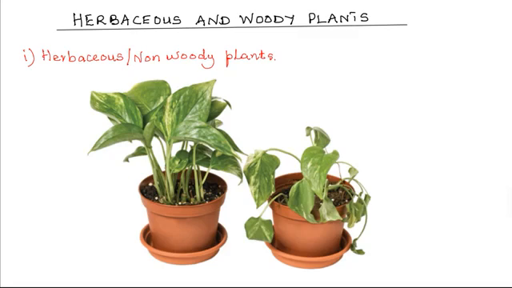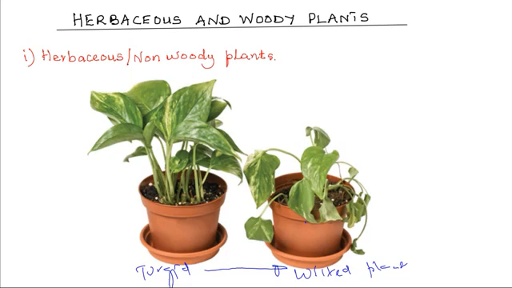During periods of water shortage, the parenchyma cells may lose turgidity as a result of water loss, leading to wilting. So here we have the same plant. Here, the tissues are turgid, but as a result of excessive water loss, this plant loses support.